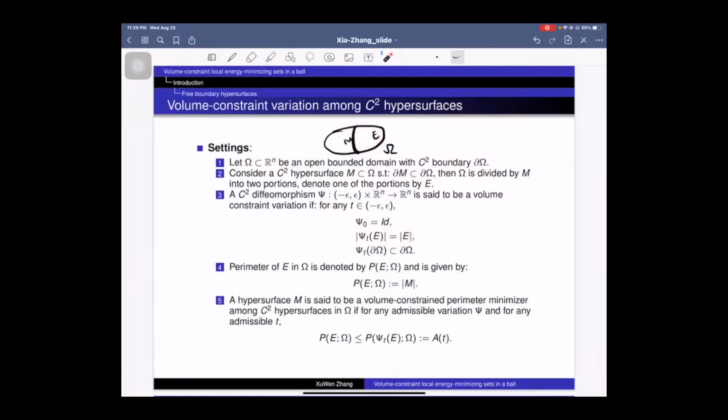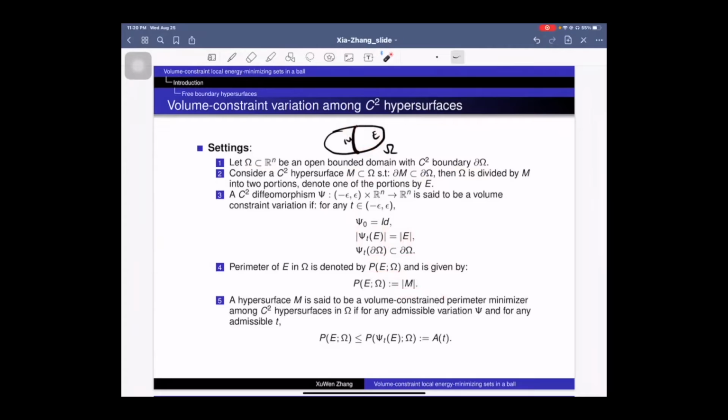And moreover, we want that psi t maps the boundary of omega into the boundary of omega. So if this is psi t E, we want psi t to map the boundary of omega into the boundary of omega. Then we denote the perimeter of E in omega by P_E(omega), which is simply given by the surface area of M. So the surface area of this is defined to be the perimeter of E in omega.